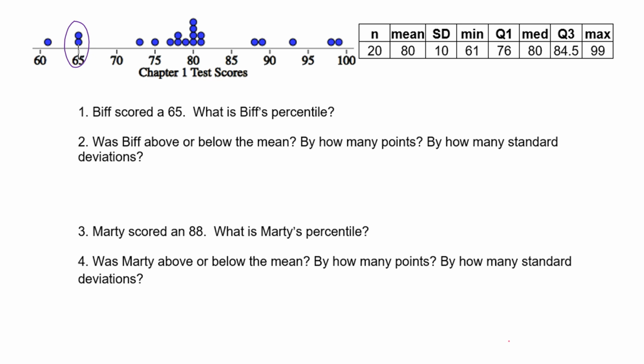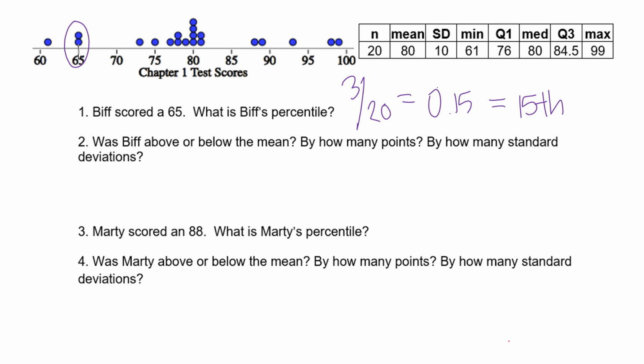If you counted all the points, there are 3 out of 20, test scores that are at or below 65. So that would be 0.15, which is the 15th percentile. So Biff is at the 15th percentile. Make sure you understand that he is at the 15th. He is not in the 15th. You will get points off if you say in.